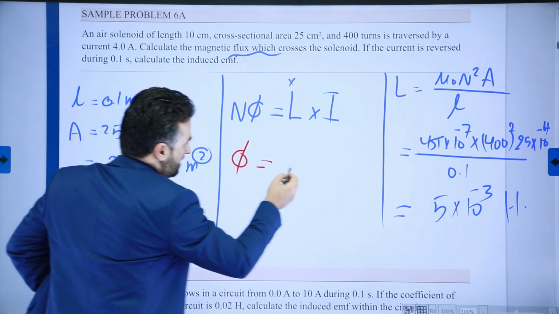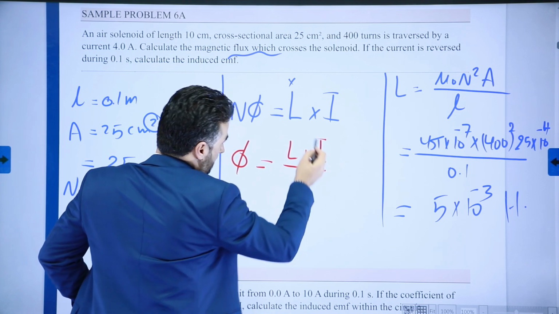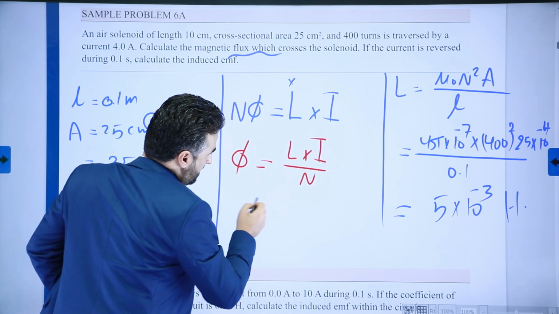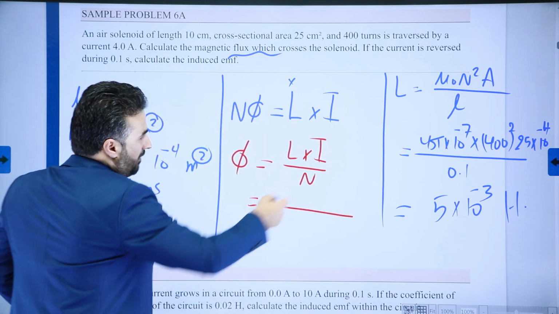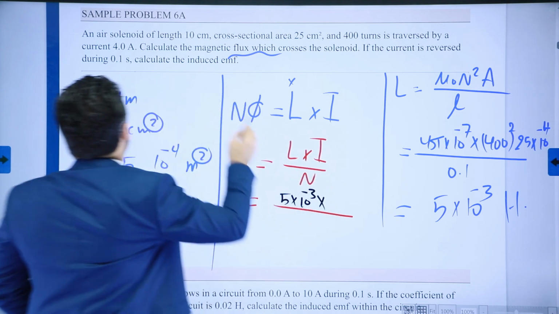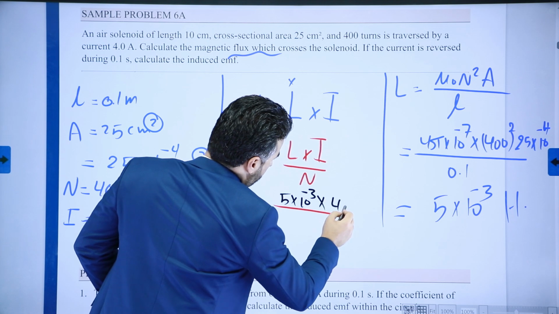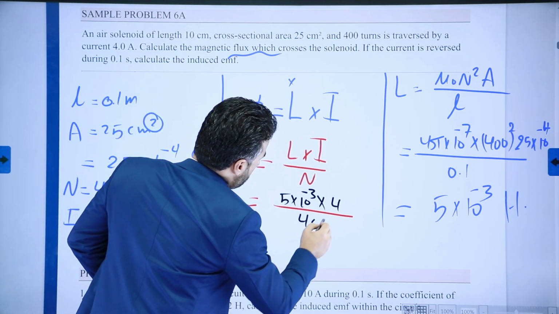So magnetic flux is basically equal to the coefficient of self-inductance times the current divided by the number of turns here. Remember, it is not squared anymore. So we can say L, that is 5 times 10 to the power negative 3, multiplied by the current, which is 4 amperes, and then divided by the number of turns, which is 400 turns.